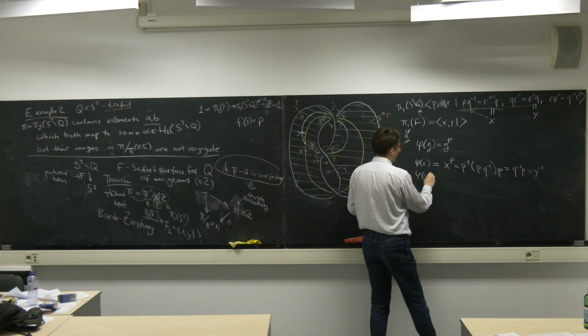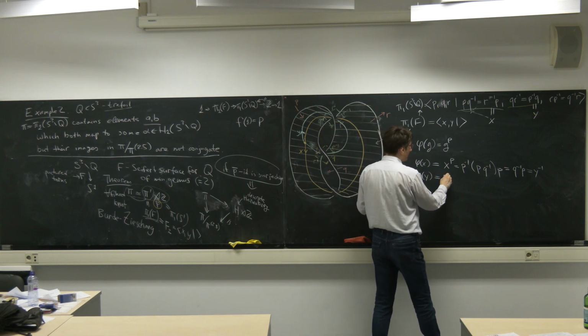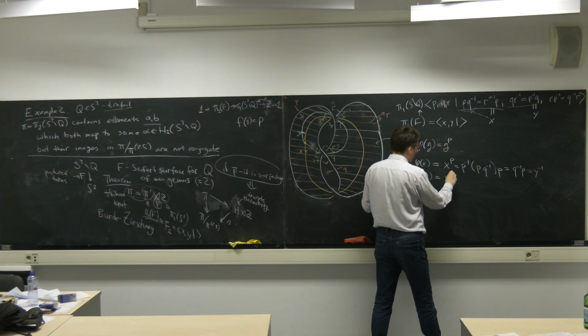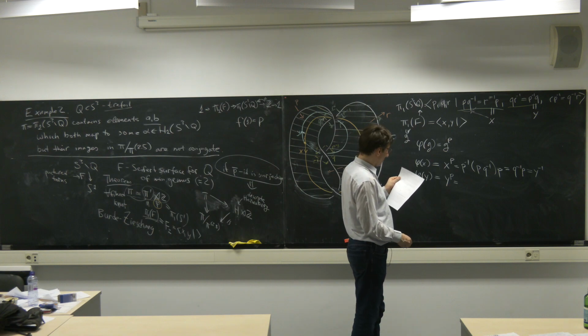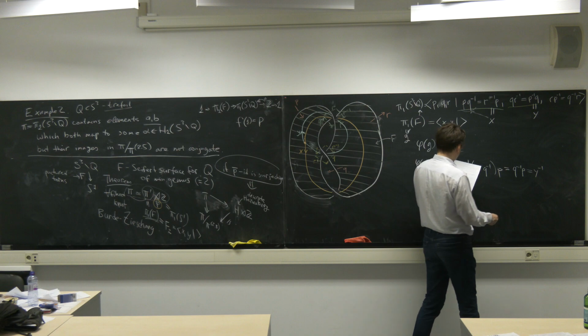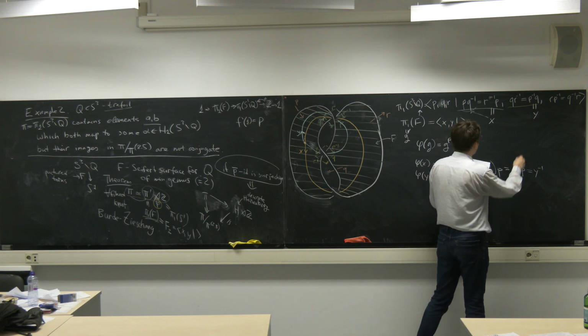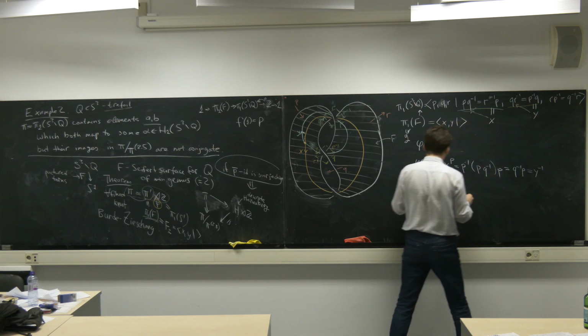And now phi of Y is Y conjugated by P. Now for Y, I suggest to take also this QR inverse.